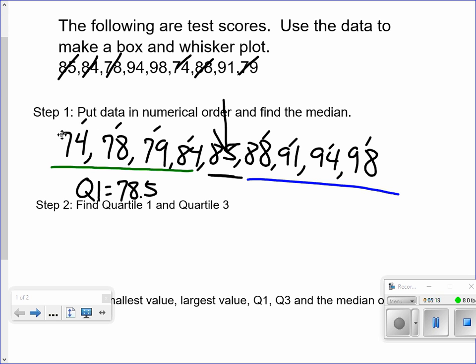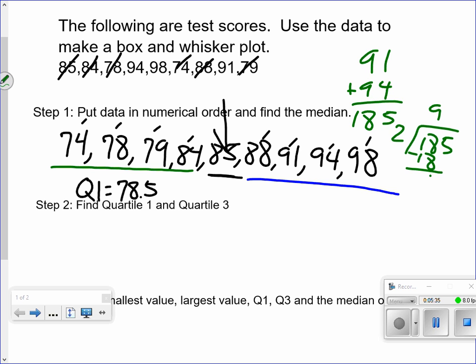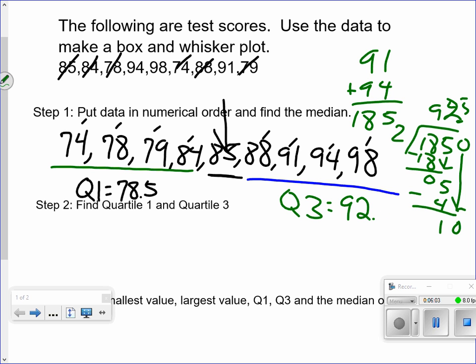Add them up. 91 plus 94 is 185. 185 divided by 2 is 92.5. So my Q3 is 92.5. Cool.